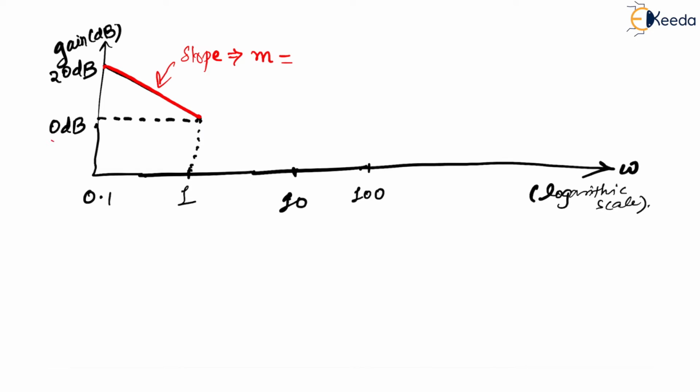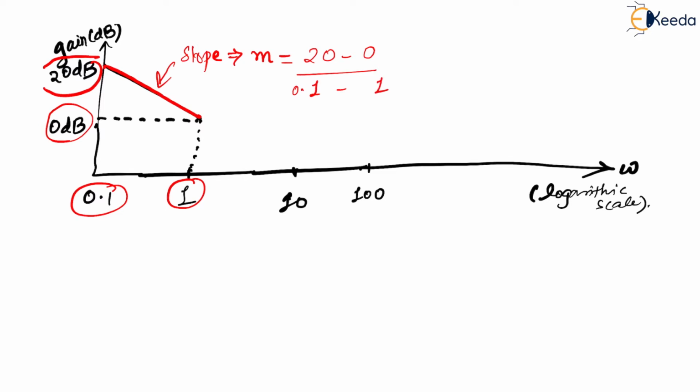If this is 0 dB and this is 20 dB, I can say 20 minus 0 divided by 0.1 minus 1, because this 20 dB is at 0.1 and this 0 dB is at 1. Can I do so?